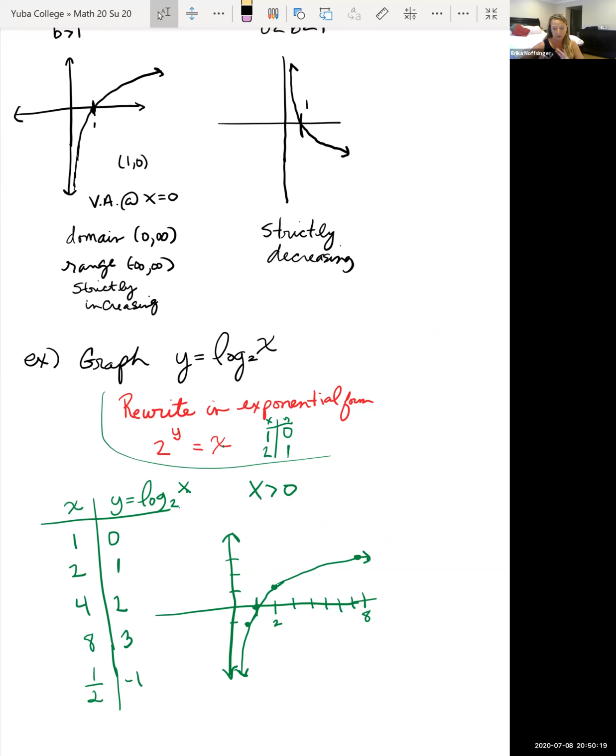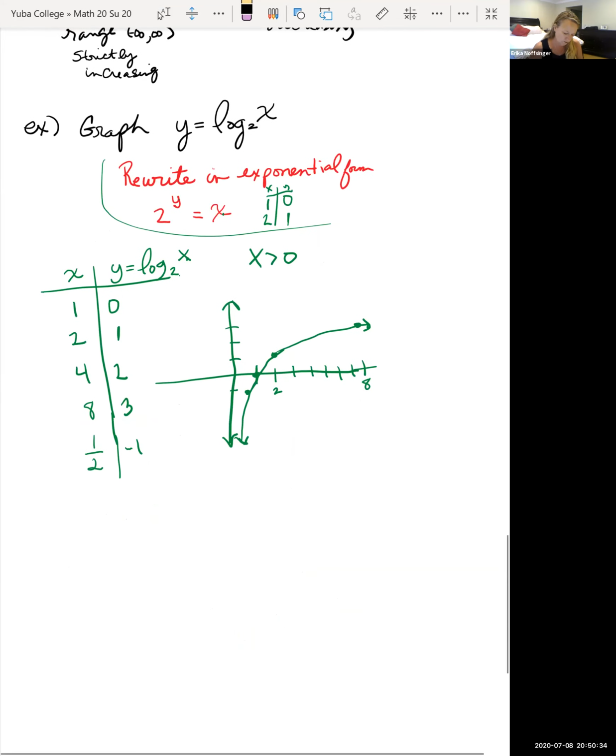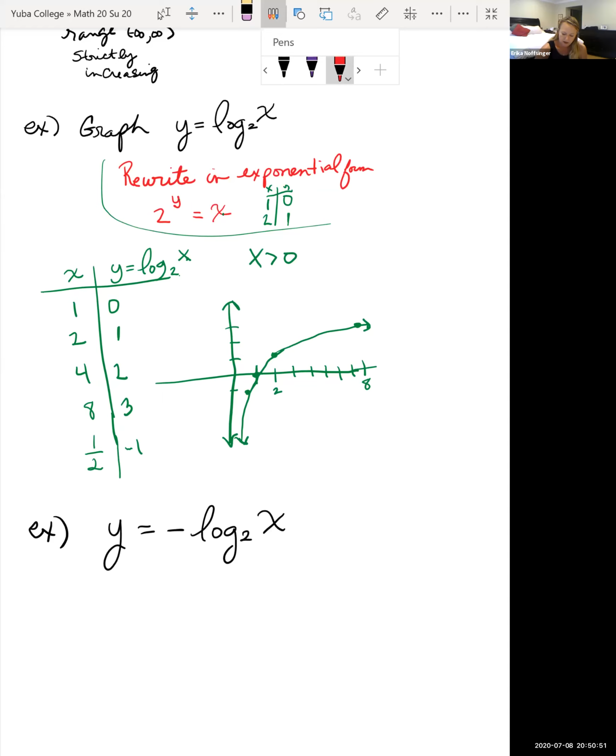Okay, so now that we have an idea of what the shape of our logs are, you can apply this again using transformations of graphs. And so let's look at one of the following. If we wanted to graph y equals the negative of log base 2 of x, let's think about what is happening.